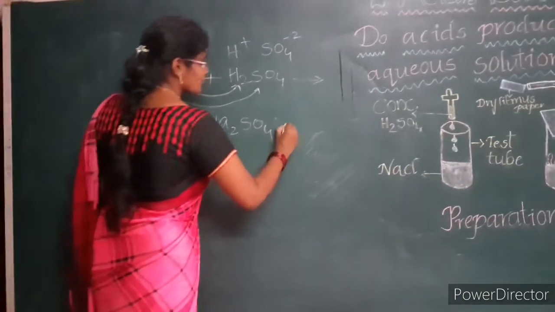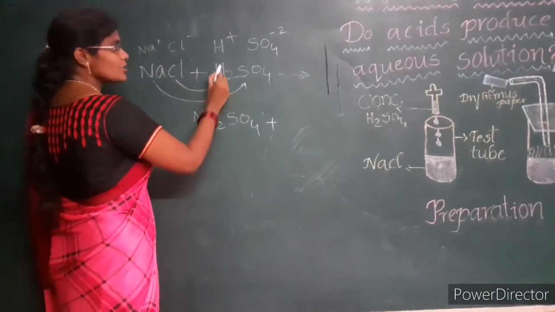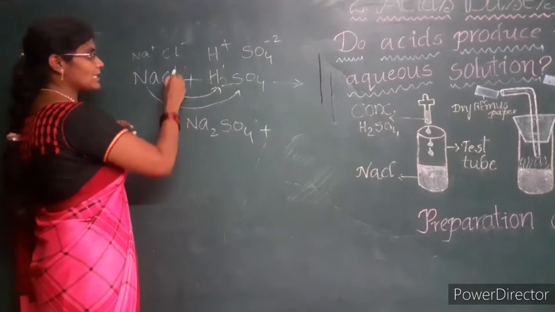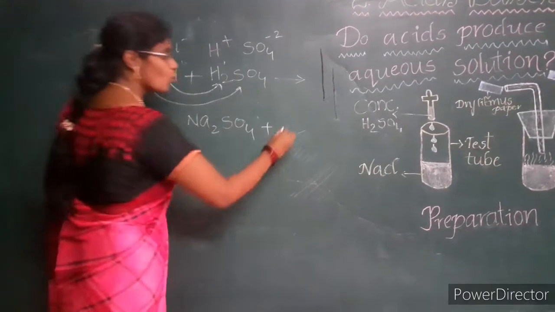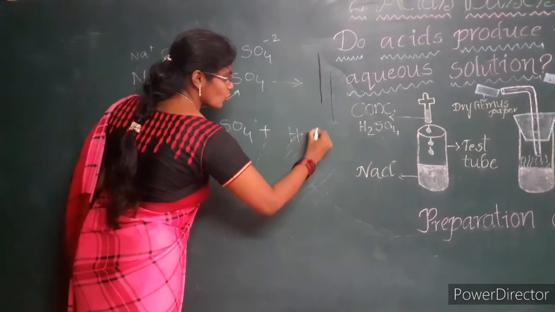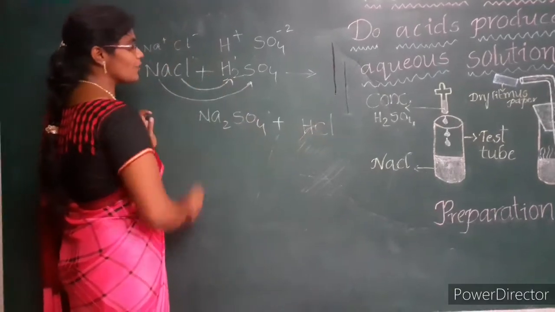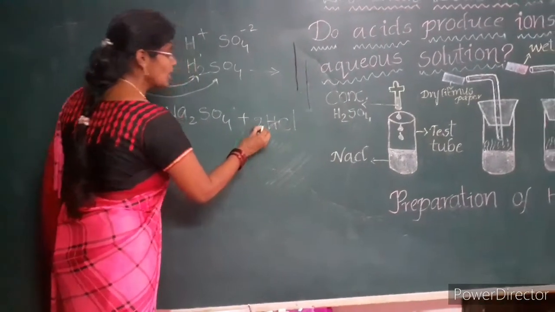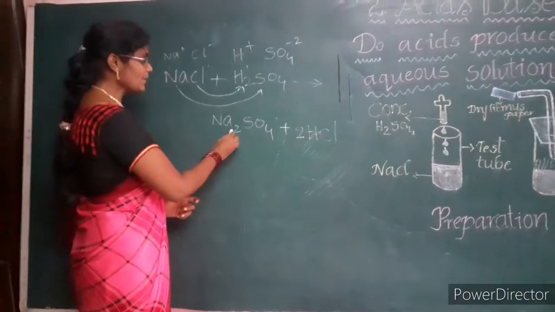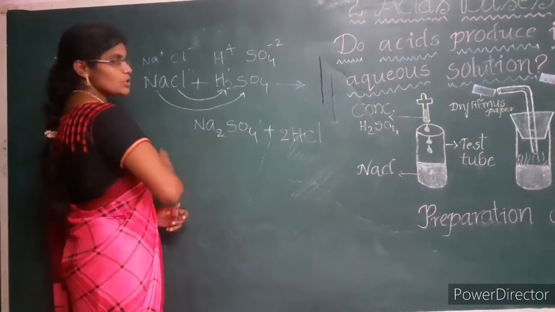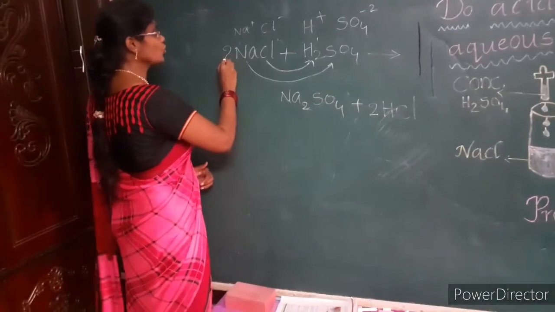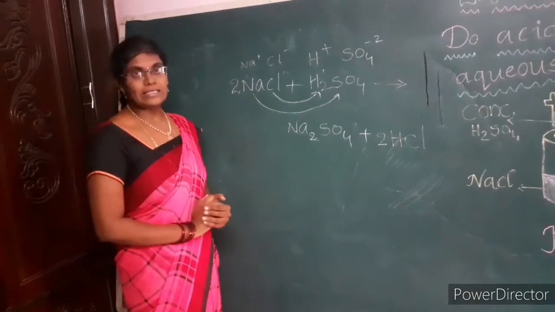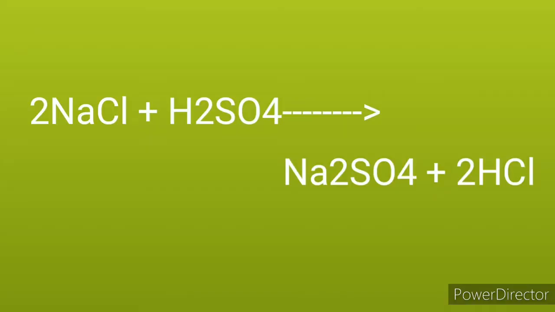And here the valency of the hydrogen is 1 and the valency of the chlorine is also 1. So it forms only HCl. But here we have 2 hydrogens, so place 2 here. Similarly, here we have 2 sodium atoms, so place 2 before NaCl. So, now check whether the equation is balanced or not.